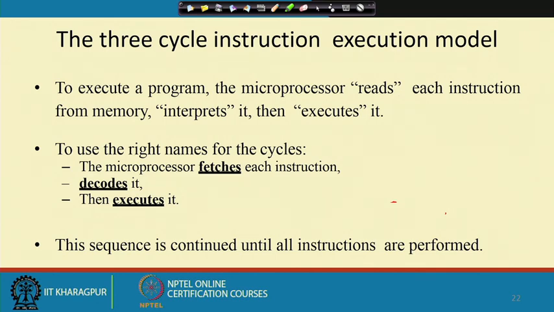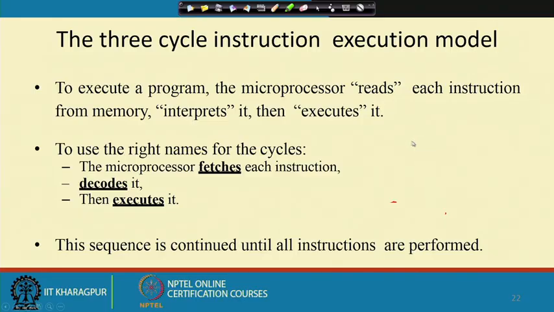So, we have the fetch phase, the decode phase, and the execute phase. Once I have fetched one instruction, decoded it, and executed it, then again the same thing: fetch the next instruction, decode it, execute it, until it comes to an instruction which asks the processor to halt.